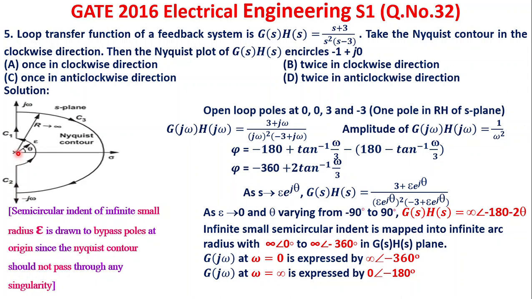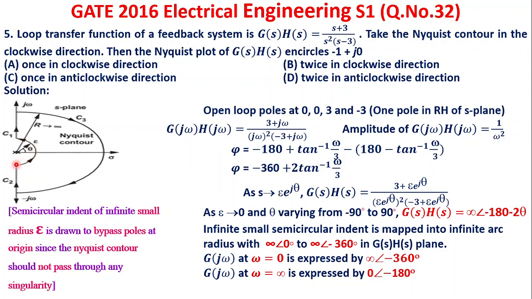Therefore, to overcome the situation, we bypass this by a small, infinitely small radius epsilon, and this is indented. So a semicircular indent of infinitely small radius is drawn to bypass the poles. And the modeling of this is nothing but epsilon e power j theta.